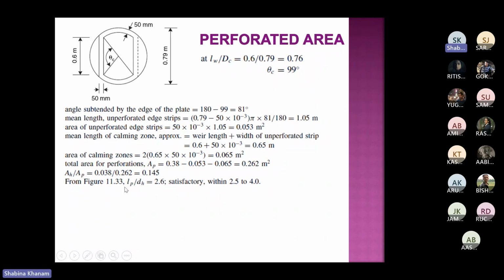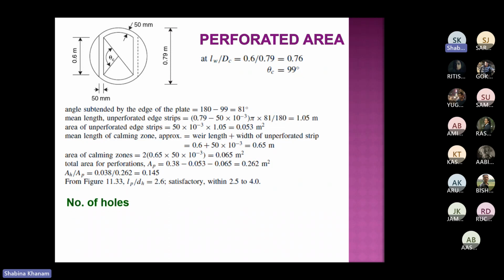And once I have this AH by AP, we need to consider either this graph or the equation we have already discussed in the last class. So LP by DH is coming as 2.6, and that should be within 2.5 to 4. So in that way, you can say that your hole pitch is also in the given feasible range. So the parameters which we have chosen for the calming zone and the thickness of the support ring will be satisfactory.